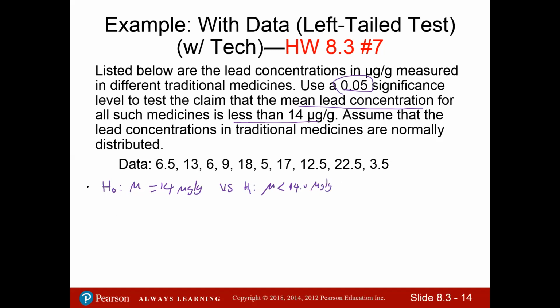That is step one. Step two, what's my alpha? 0.05. Step three, what's my t? We'll find that. Step four, what's my p-value? We'll get that from the output. Step five, we'll decide. Now let's switch to StatCrunch.